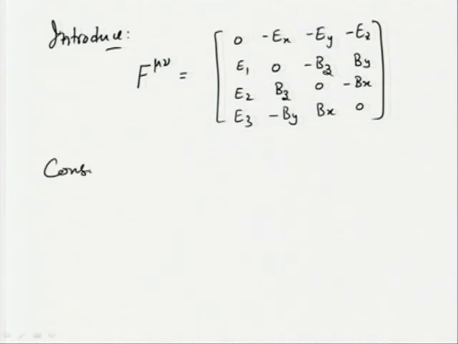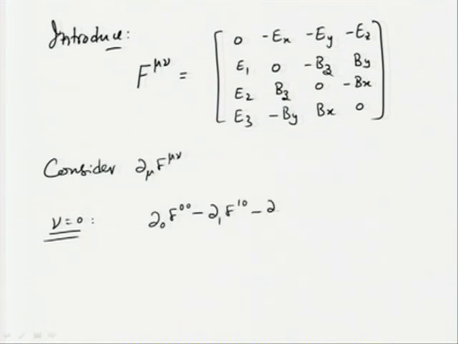Consider ∂_μ F^{μν}. Here μ is summed over, so ν is free. Take ν equal to 0. That will give you ∂_0 F^{00} minus ∂_1 F^{10} minus ∂_2 F^{20} minus ∂_3 F^{30}. The first term is 0.